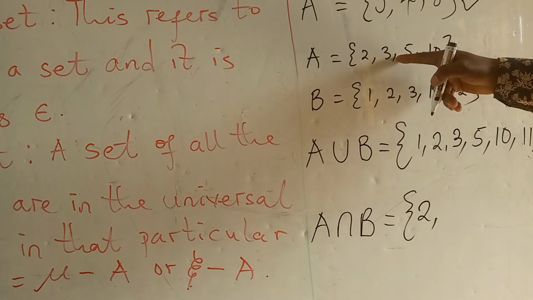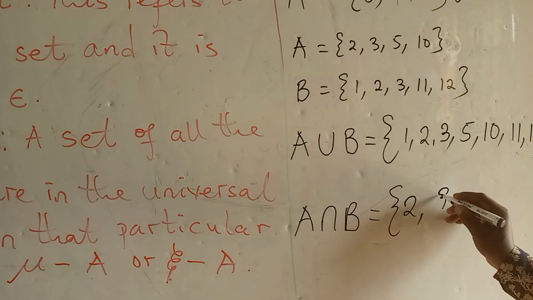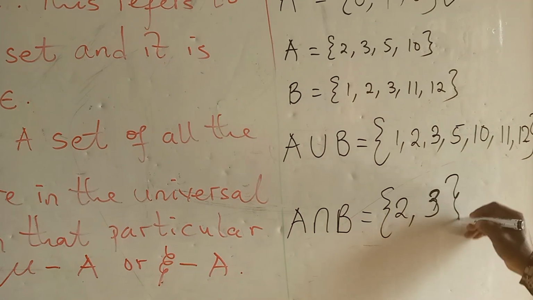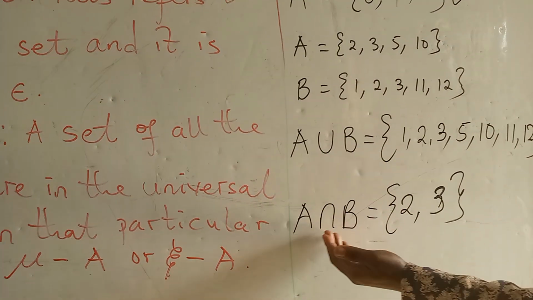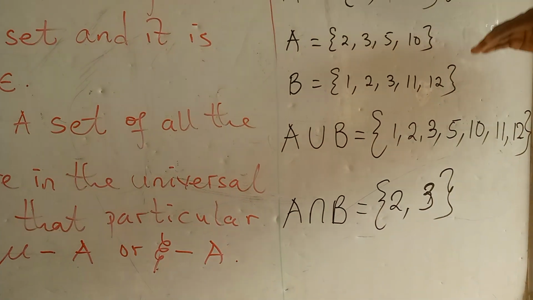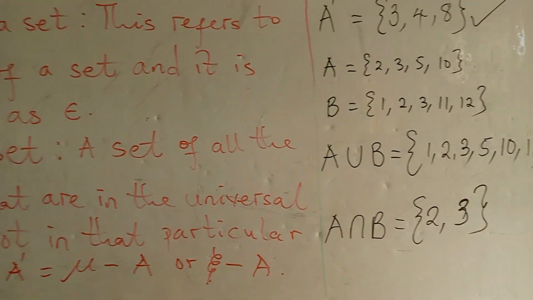We also have 3 in A, 3 in B. That will be another element. We don't have any other one. So A intersection B will now be 2, 3. Set of all the elements that they have in common. So that's what intersection is all about.